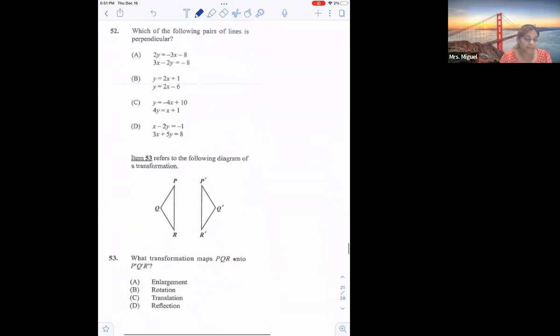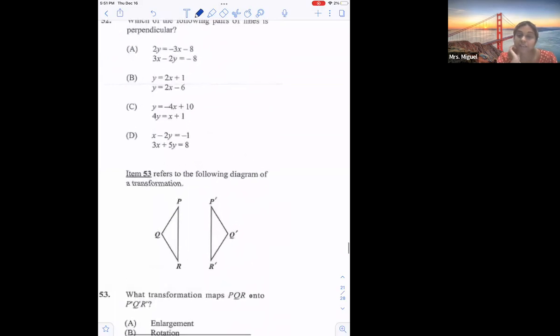Which of the following lines are perpendicular? Well, you have to work out the gradient of the pairs of the lines. So if you notice, this has 3 and this has -3. So this answer is wrong. This has 2 and 2. We're looking for the negative reciprocal, right? Look at this one. y equals minus 4x plus 10.